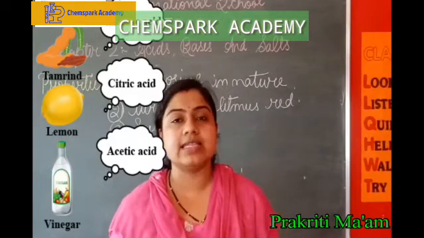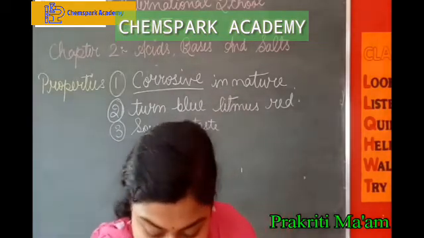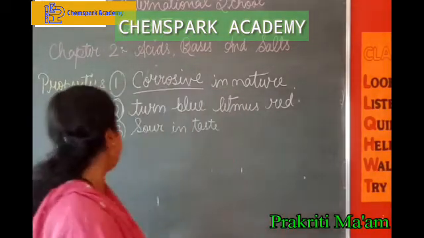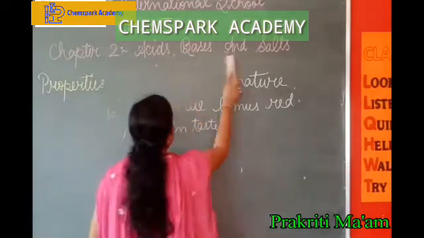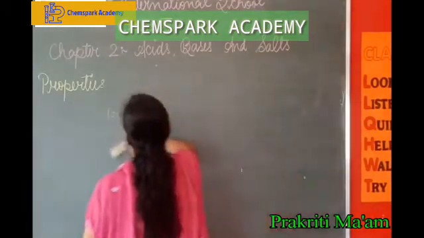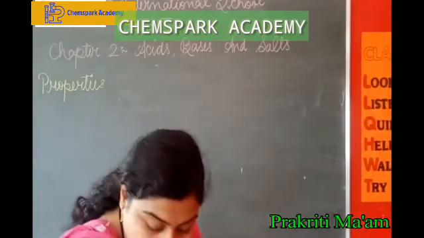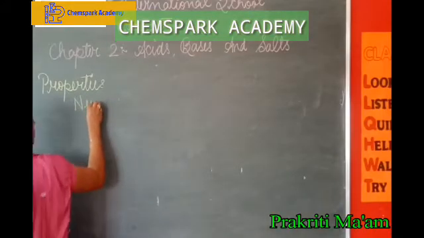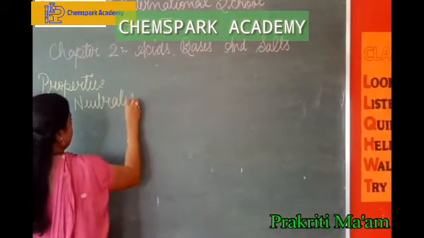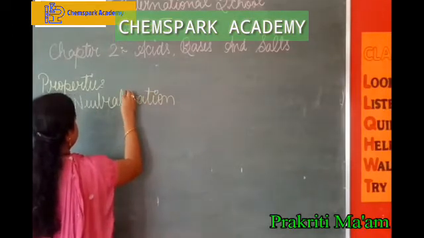The next one is that acids have a sour taste. Now we move on to the chemical properties of acids, and the first chemical property we have already seen in the previous chapter, that is neutralization.